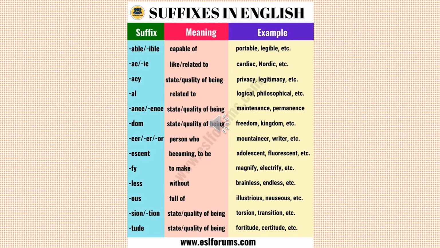And the same thing is going to happen to the rest of the page. So make sure that you read this information, make sure that you understand what the suffix means, and when you add it to a word, how the word is going to look. So this is the information. Review this, practice this, and let's move to the next page.